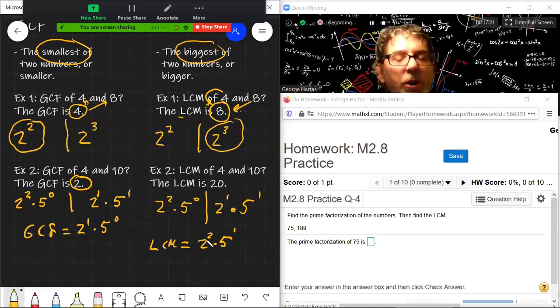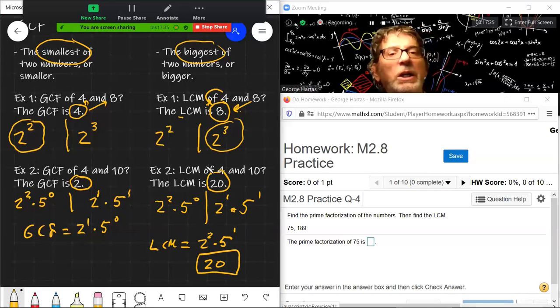2 squared is the same as 2 times 2, and that's 4. And 4 times 5 is 20. Well, we already knew that. We knew that because 4 divides into 20, and also 10 divides into 20. Now notice this case here is the same as this.